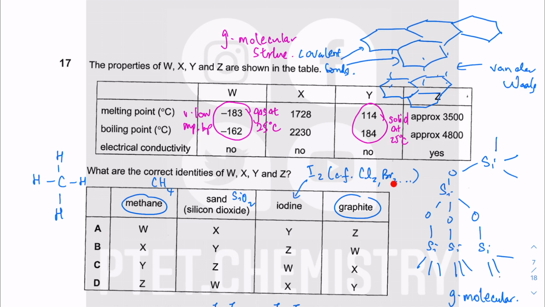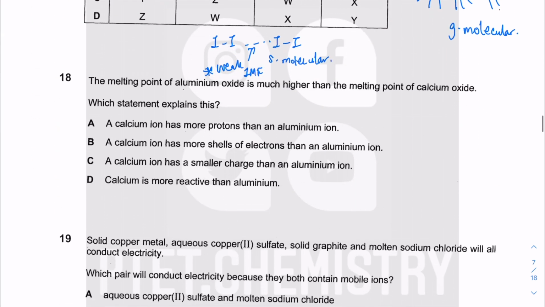This is a dark reddish brown liquid at 25 degrees Celsius. This is a gas. This is a liquid. This is a solid. So Y must be iodine and W must be methane. Without going through the rest, we already got our answer here by just knowing methane and iodine and looking at their states of matter based on melting point and boiling point.